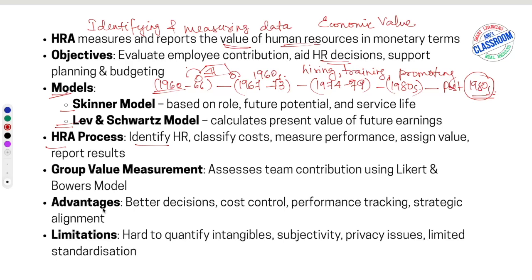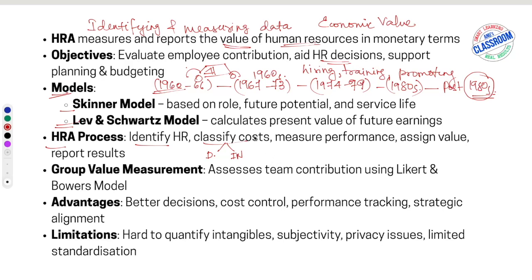Then it will classify the cost of having each of those humans as resources. These could be direct costs or indirect costs. Direct cost could be salary and training expense, and indirect cost will be office rent or internet bills.